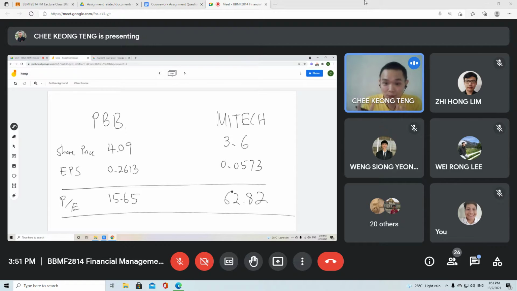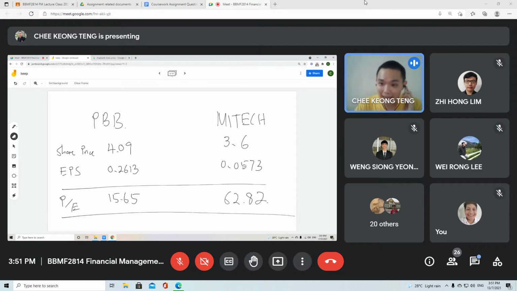Actually, this can prove our market is in semi-strong form. Because if our market is not in semi-strong form, if they haven't earned yet, like MeTech in the future, wow, very fast growing, earning a lot of money. If our market is not in semi-strong form, is in weak form, it will not be reflected.